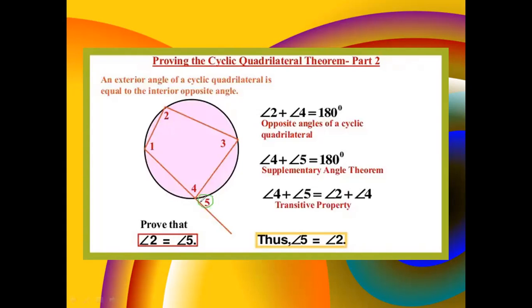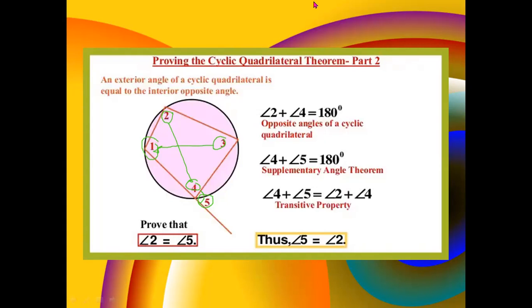Exterior means outside. Now, angle 2, the opposite is angle 4. So angle 2 plus angle 4 should be equal to 180 degrees. The same way, angle 3 and the opposite angle, angle 1, the sum of it should also be 180 degrees.